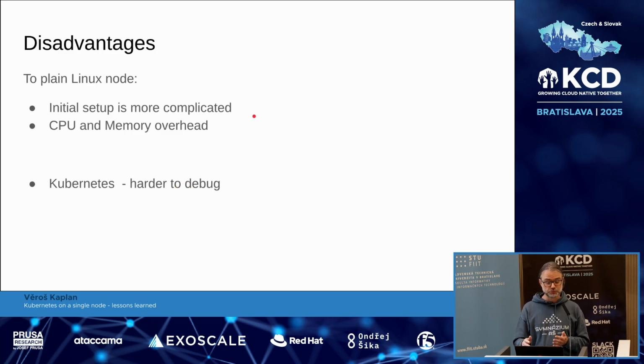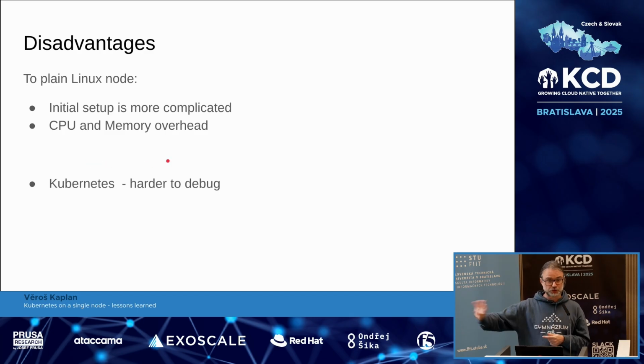Initial setup is more complicated compared to a plain Linux node. Well, Ansible does it for me. It's someone else's problem. It has some small CPU and memory overhead, but from my point of view, it's better that the computer has some memory and CPU overhead than my memory, because my memory is really bad.